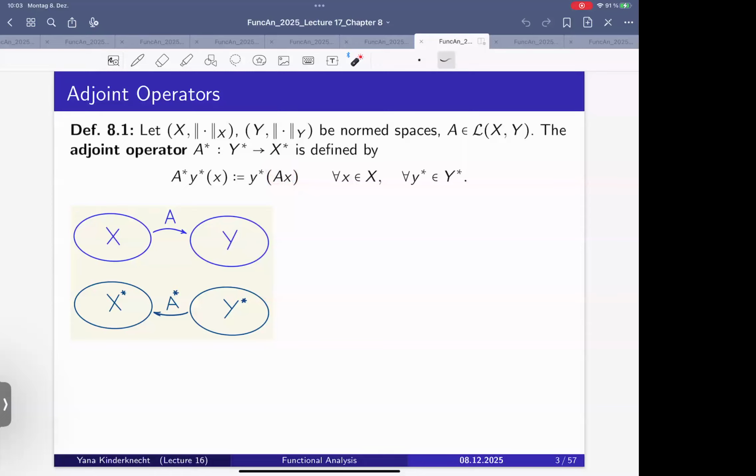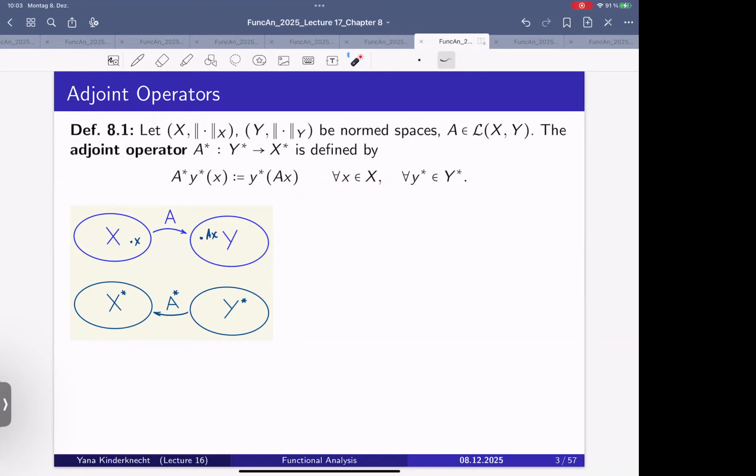So if my point X is here, here is my point AX, it is in Y. And I can evaluate at this point the continuous linear functional Y star, which is a continuous linear functional on Y.